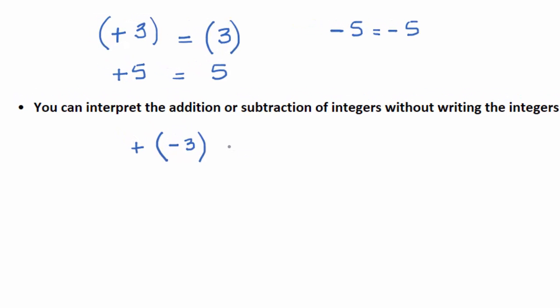We learned from lesson number 2 that I can switch the addition to subtraction with one condition: to get the opposite of the number in the brackets. So we said they have the same value. When I'm adding a negative 3, it's exactly like subtracting a positive 3. Let's take this one. We said we don't need the positive here or the plus sign here.